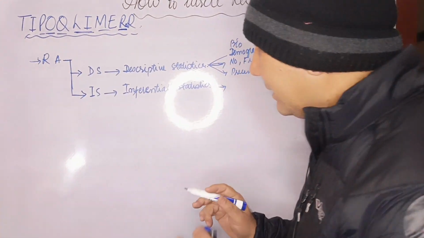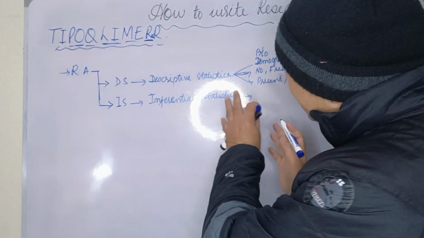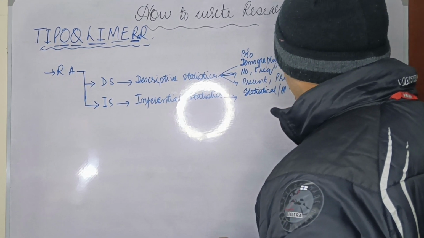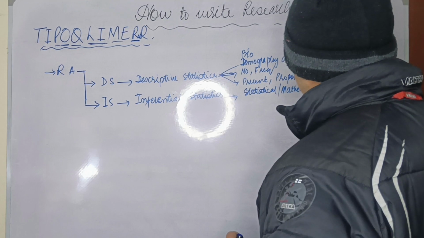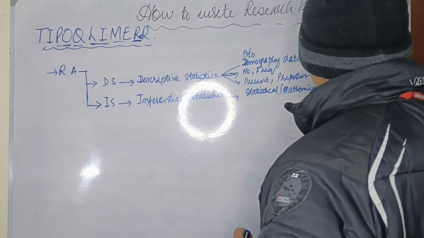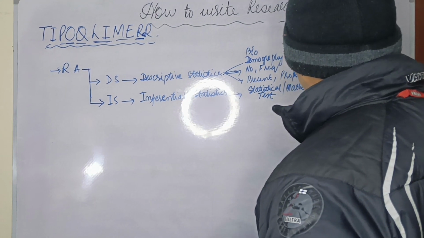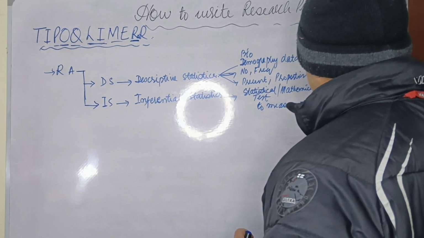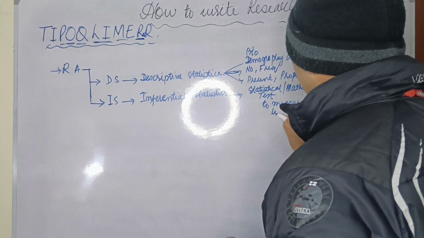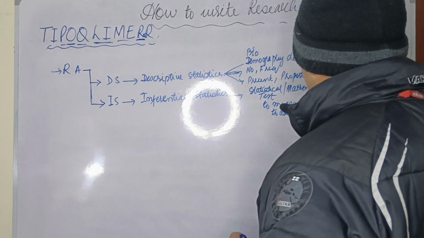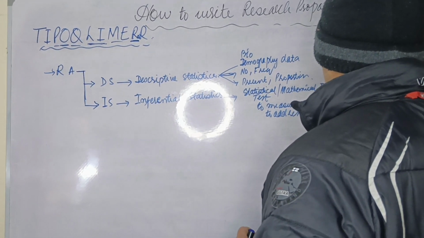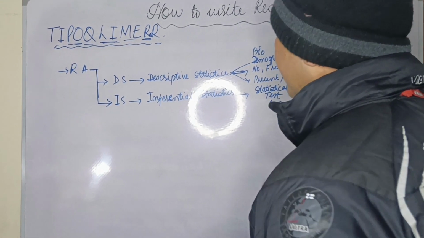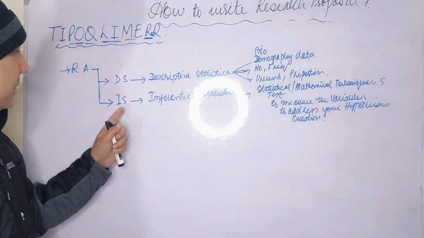And for the inferential statistics, you will tell in the research proposal which type of statistical or mathematical techniques, which statistical test, you will use to measure the variables or to address your hypothesis or research question.